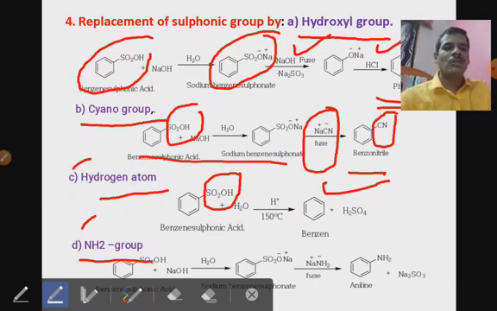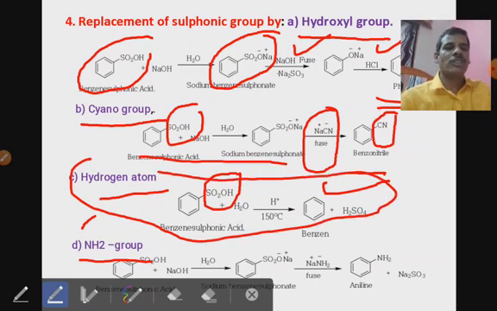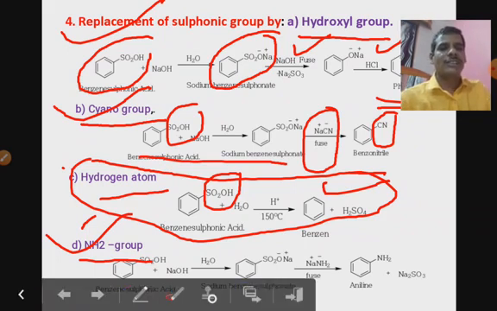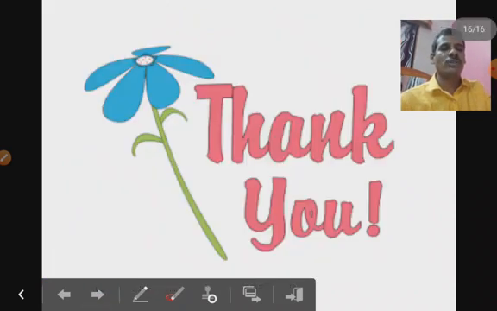Only in one reaction is no salt formation required. For the remaining three, the replacement of the sulfonyl group by OH, by CN, and by NH2, the first step is the salt formation reaction, and the second is the fusion reaction. In this way, we discussed all these four different types of substitution reactions.